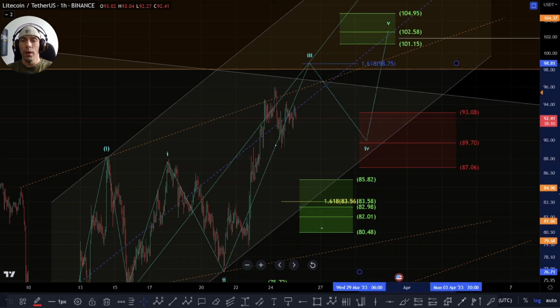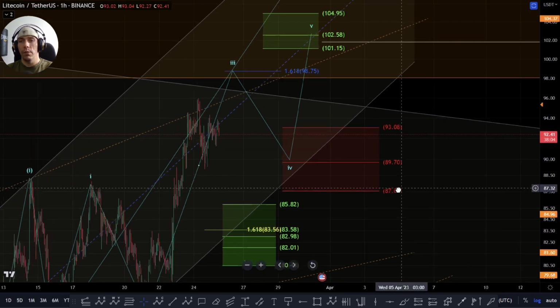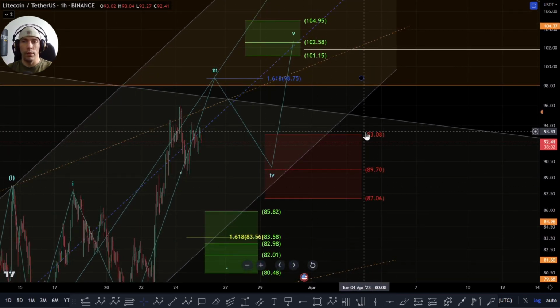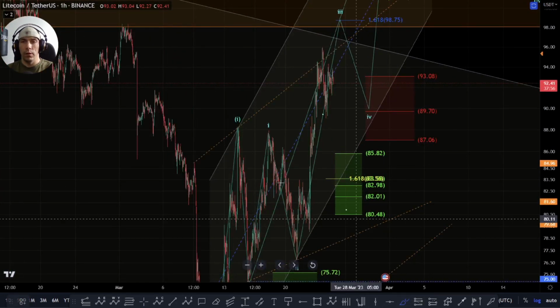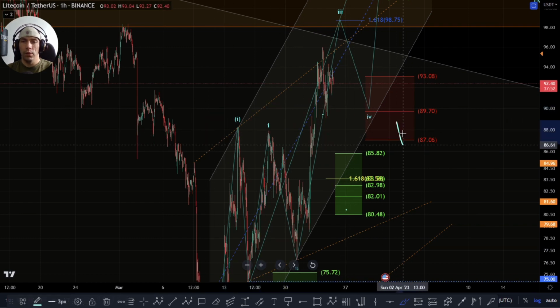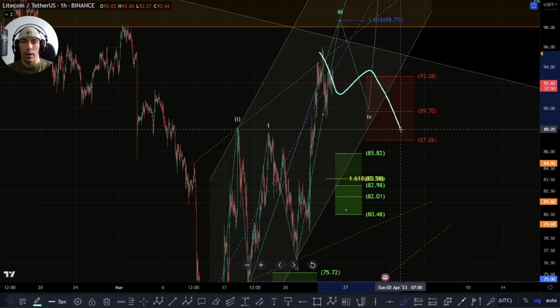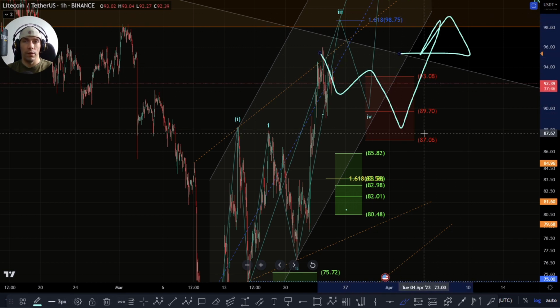So if we do, however, move up past this zone, what we would be looking for this 98.75 is to see whether we get an additional fourth wave here into this 93.08 to this 87.06. So we can see how basically within this, the key zones here is going to be around these highs. If we continue to maintain these and potentially come back and back test it again, and find support, potentially we could see this extend out.